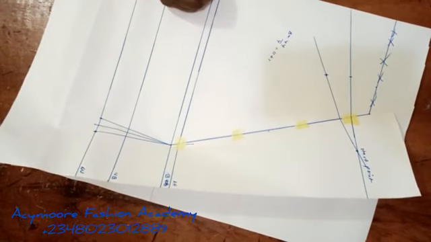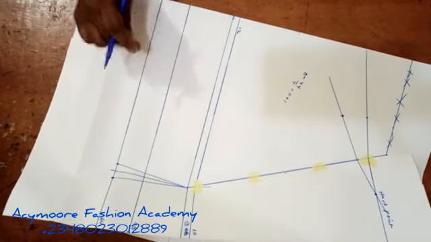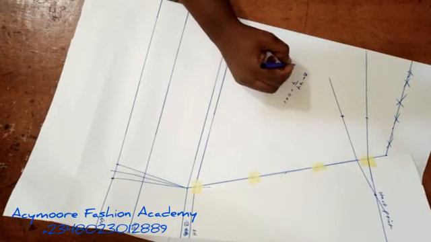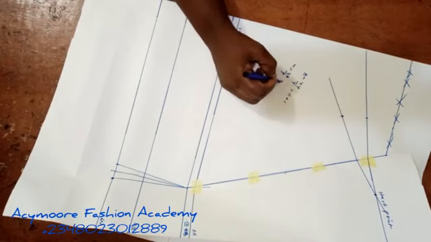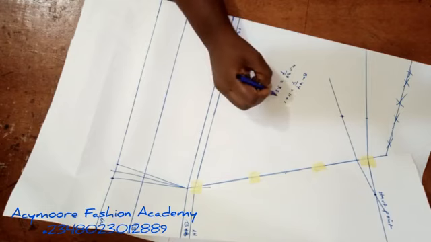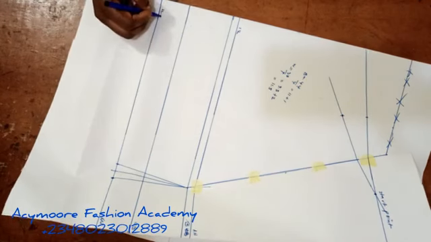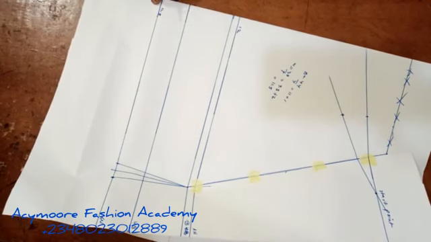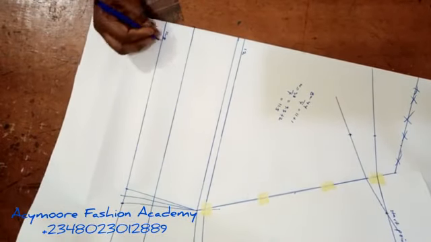So I'm going to use 12 here. And then for the waist, I'm using 38. 38 divided by 4 is 9.5, plus 2, I have 11.5. So I'll be putting 11.5 at this point. That's the waistline.